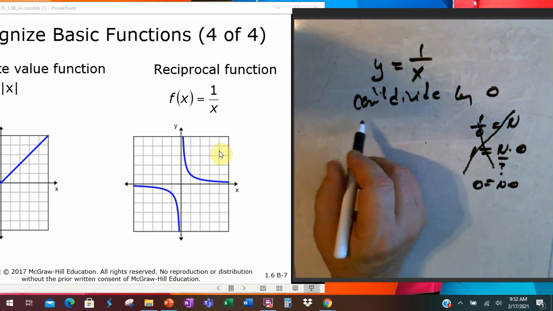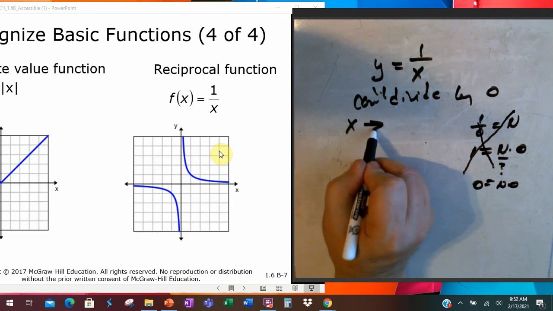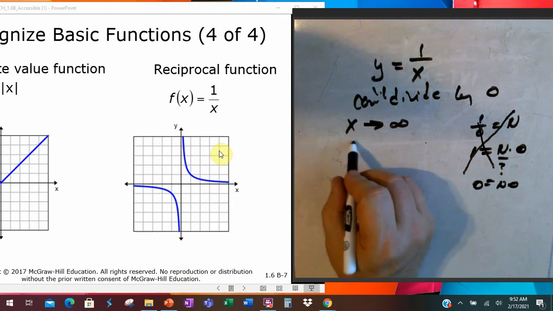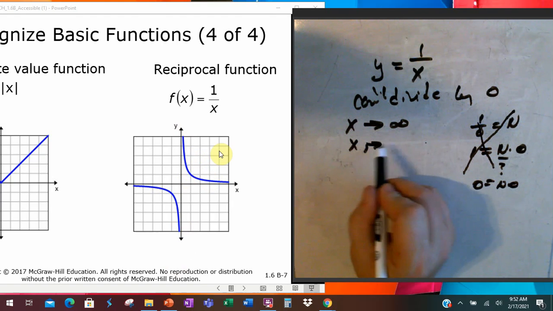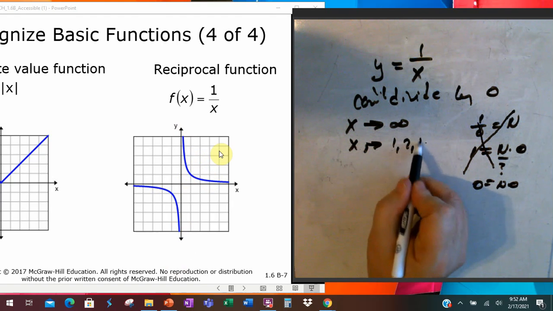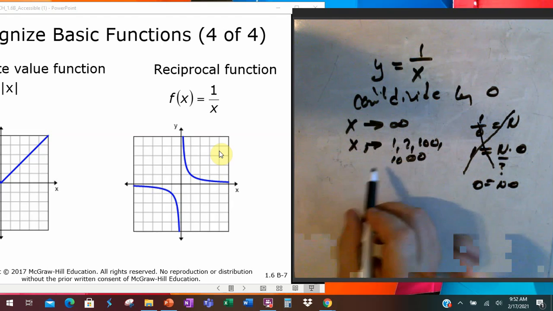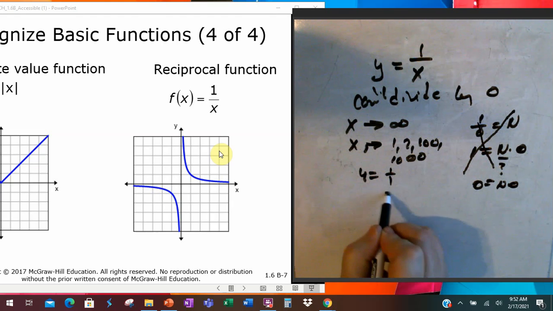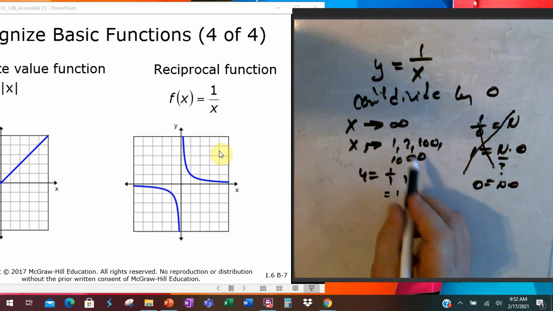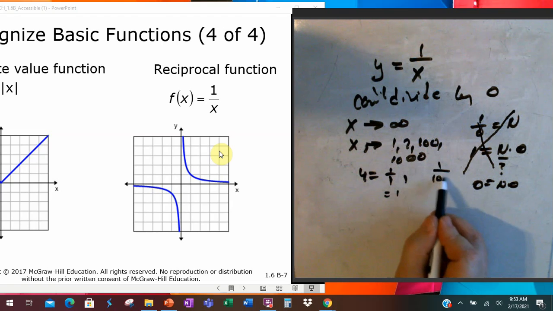So it's easy to see as x gets large. So if x goes to infinity, and I'm saying x is going through, let's go to the right side, 1, 100, 1,000, okay? Y would look like 1 over 1, which is 1, 1/2, 1/100th, 1/1,000th.